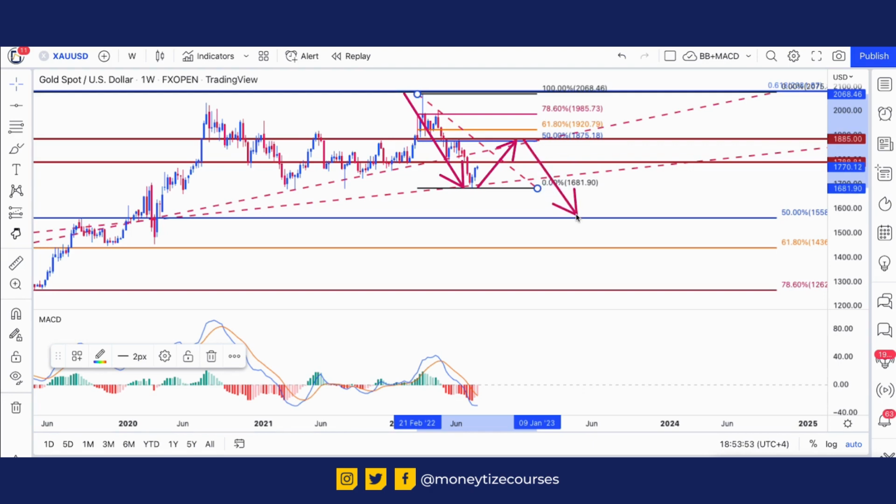So this could be one scenario. Any which ways, let's see what's going on in the current scenario. Currently, gold is rising up and it has taken support at this weekly level. First bounce, second bounce, and now we are getting the third bounce from the same weekly level.